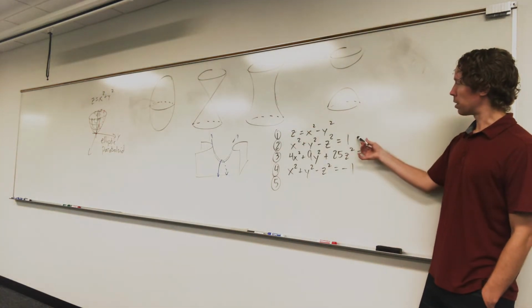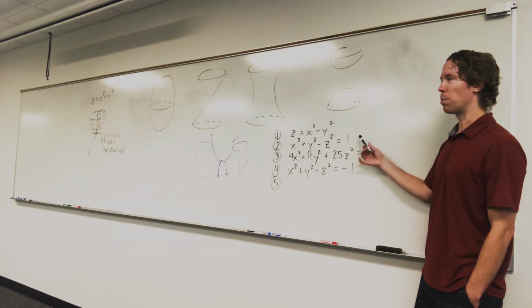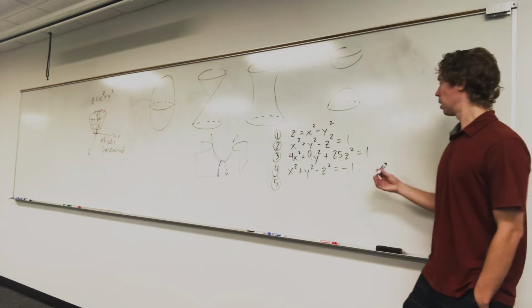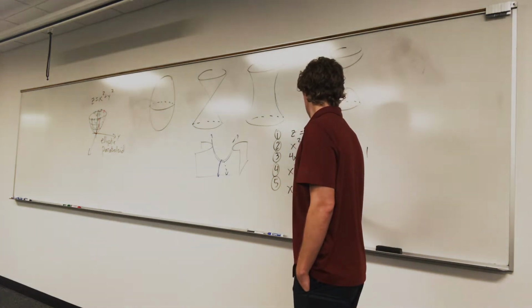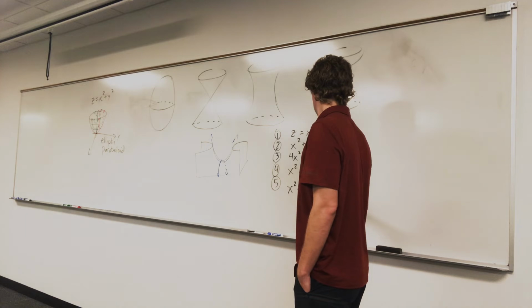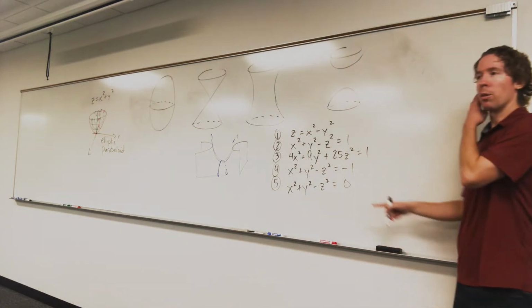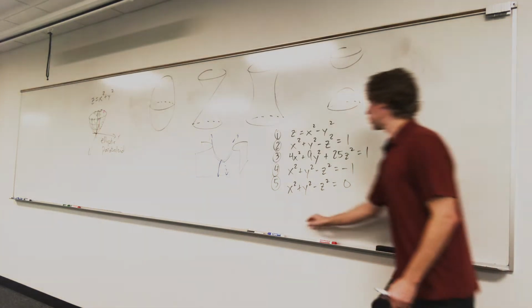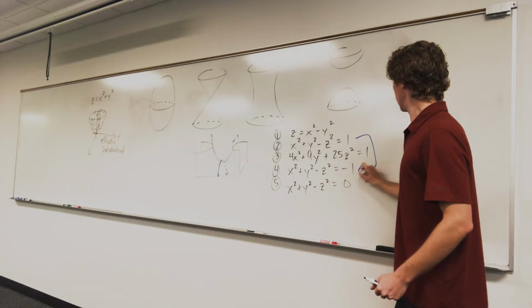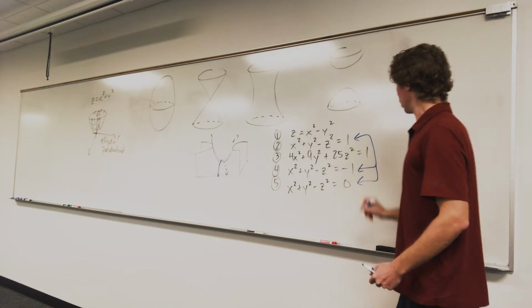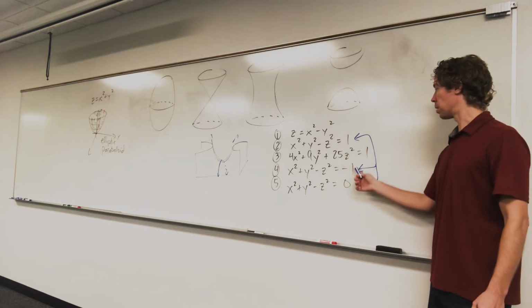This one is identical to this one, but this constant on the other side is negative instead of positive. That changes the shape. And then here's another one, exactly the same as this one and this one, but with a 0 on the right. So these three look very similar. The only thing that's different is the constant on the right-hand side.